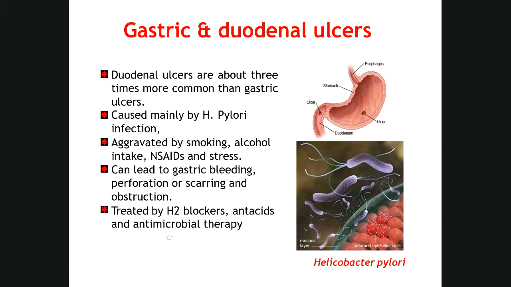Antimicrobial therapy is also very important to eradicate the H. pylori bacteria, which is one of the predisposing factors for peptic ulcer. So usually people with ulcers, if you look into their treatment, you will find a combination of antibiotics in addition to the antacids. By the way, one of the antacids is antihistamine. Antihistamine medication on the stomach can interfere with, as I showed you, the ECL cells, enterochromaffin-like cells, that secrete histamine and stimulate the gastric secretion.